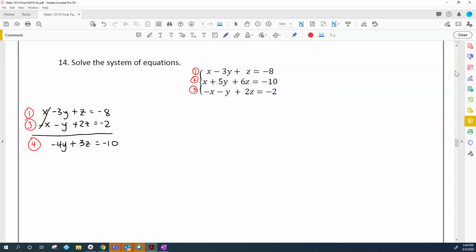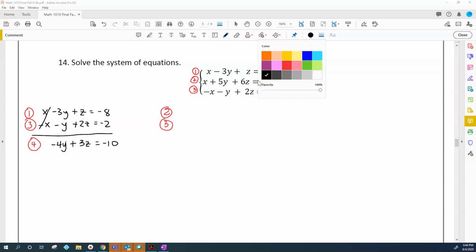Then I want to go back up to the original 3 and get rid of the same variable again. If I choose equation 2 and equation 3, my variables will eliminate right away. I don't have to multiply one of them by a number to make them eliminate. I'm just trying to choose the one that's going to be easiest.